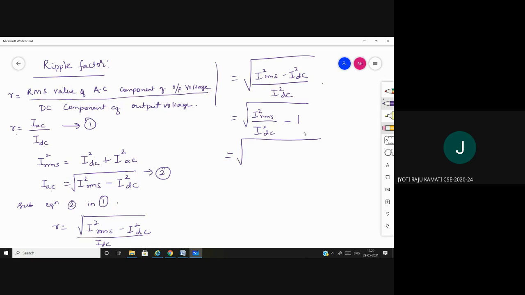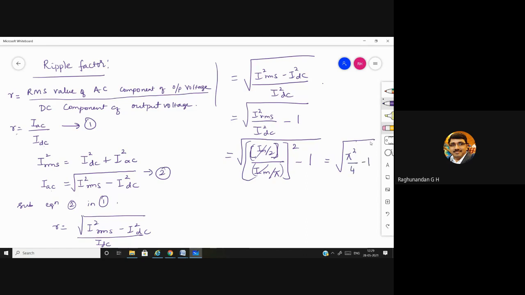Im by 2 for IRMS, and Im by pi for IDC. Substitute Im by 2 and Im by pi, whole square minus 1. Im will get cancelled. That is equal to root of pi square by 4 minus 1.